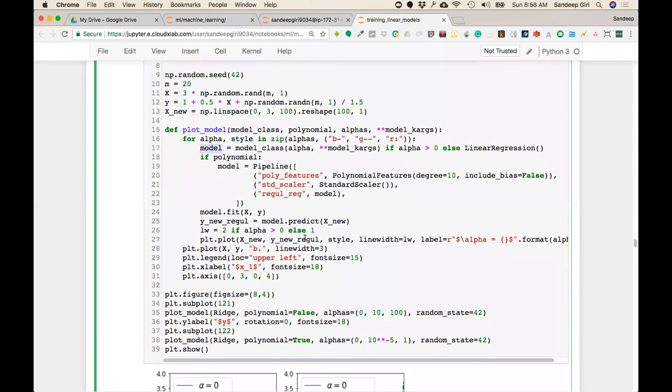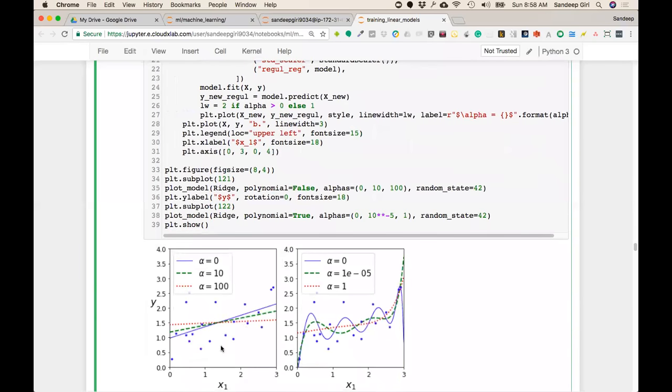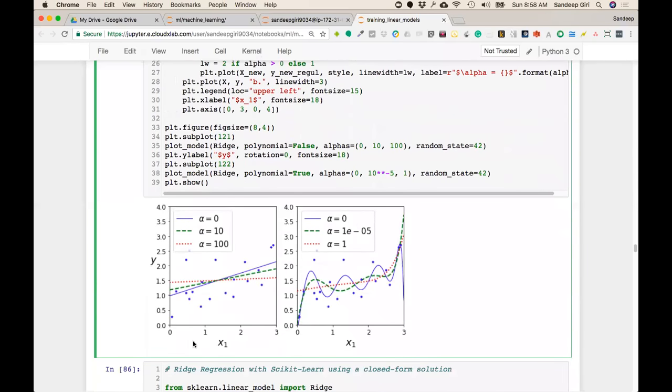Essentially this plot model, given multiple alphas and given the model class, will plot this graph. And what is this graph? Given the value of x, it shows the value of y that is actual versus predicted.